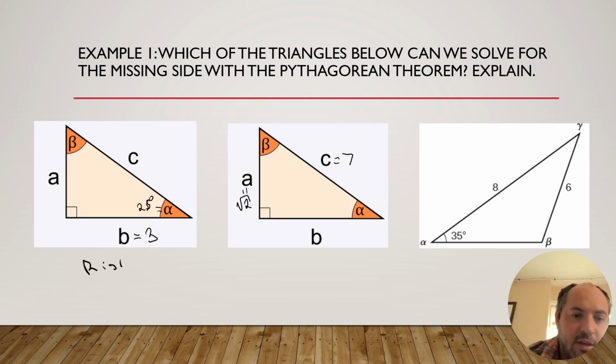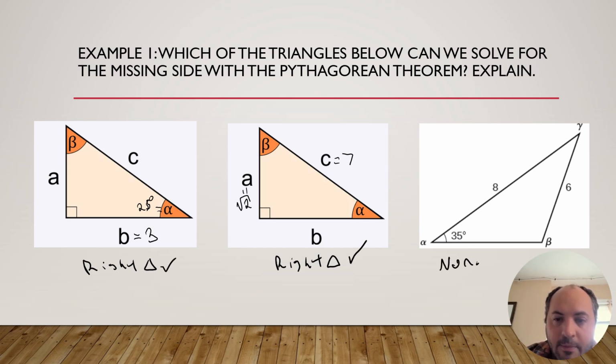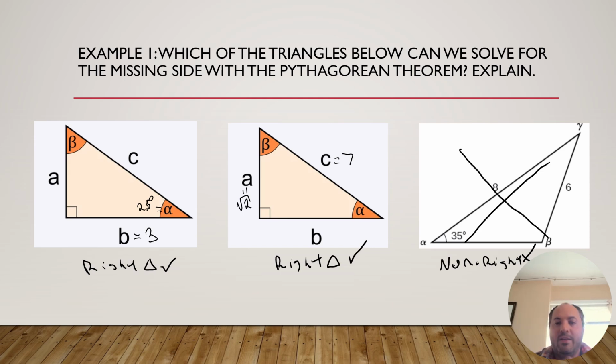So we see that both the first two triangles are right triangles, so we satisfy this. This third triangle here is non-right, so that means that we cannot use the Pythagorean theorem here. We cannot use it for this third non-right triangle.